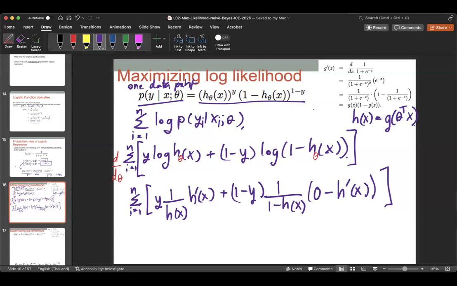You take linear regression and pass it through the logistic function. That's your model. So h, your model, is just linear regression passed through the logistic function.